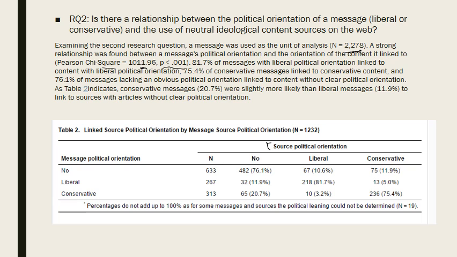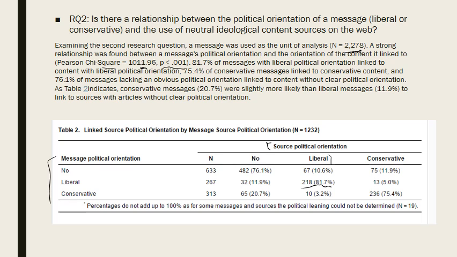So the source that's being linked and the tweet that's being looked at. So the liberal tweets, there were 218 of them that were liberal in nature and linked to a liberal source in their response or in their tweet. 75.4% of conservative messages linked to conservative content.